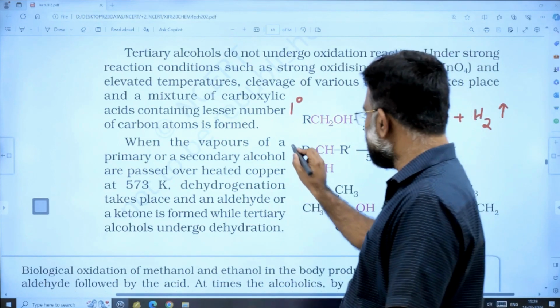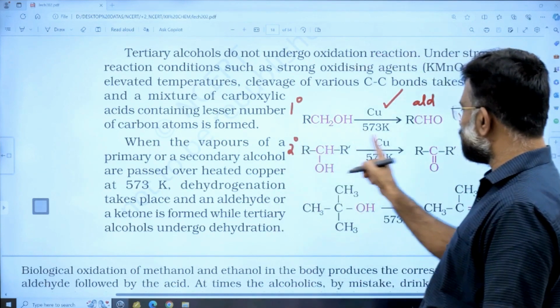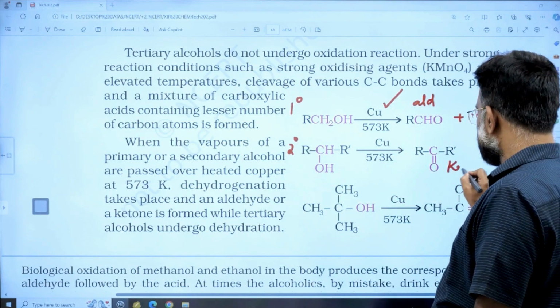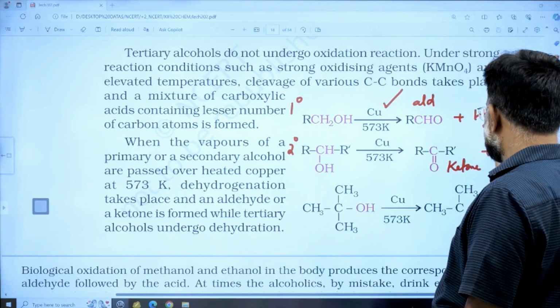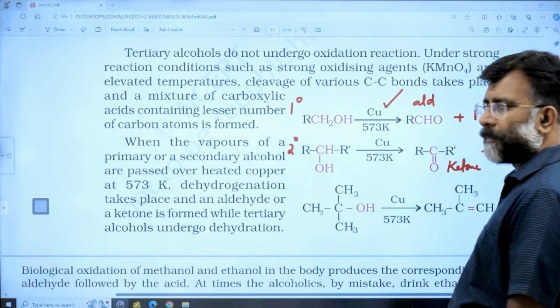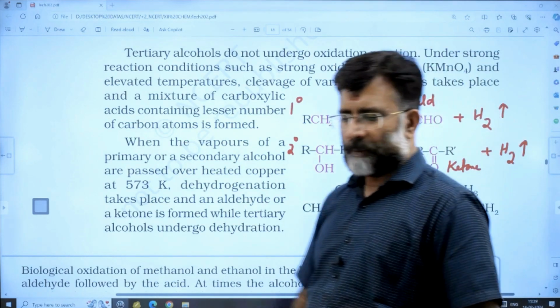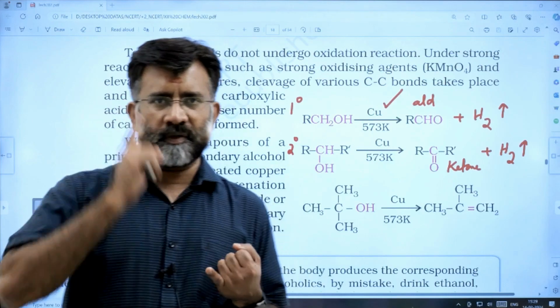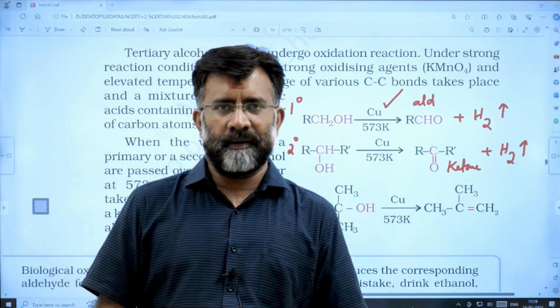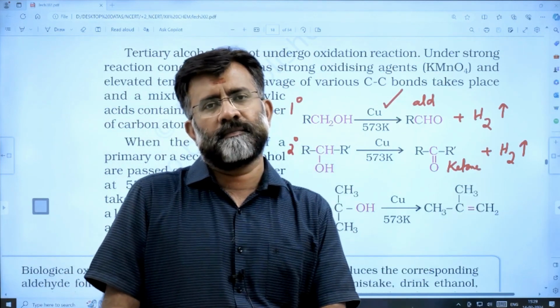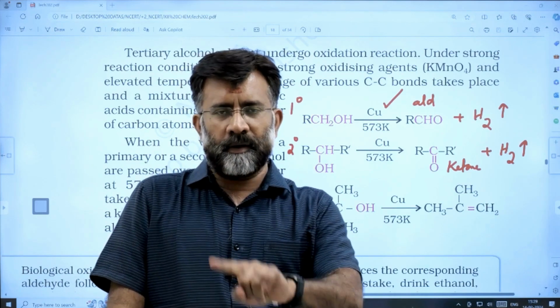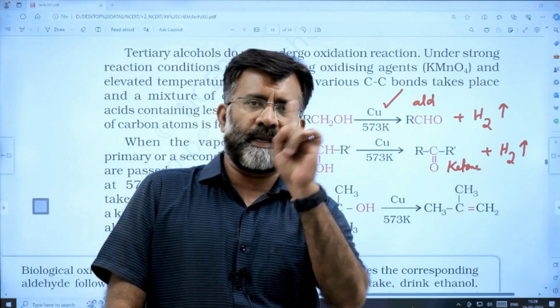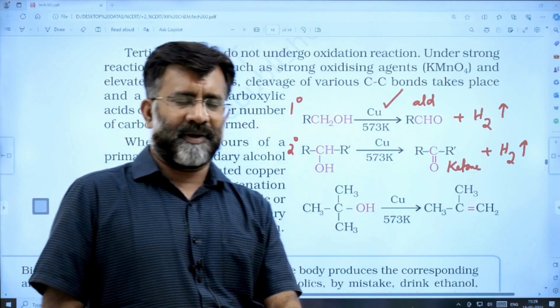What about a secondary alcohol? Secondary alcohol in a similar way gives a ketone, again releasing hydrogen gas. Say a primary alcohol, when heated with the copper catalyst, gives aldehyde liberating hydrogen. A secondary alcohol heated with the copper catalyst gives a ketone liberating hydrogen. What about a tertiary alcohol?